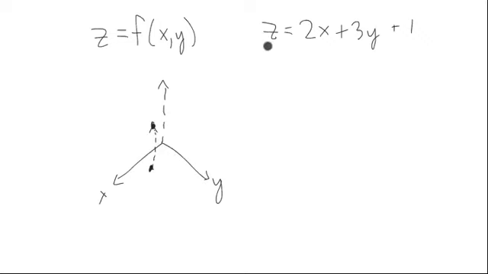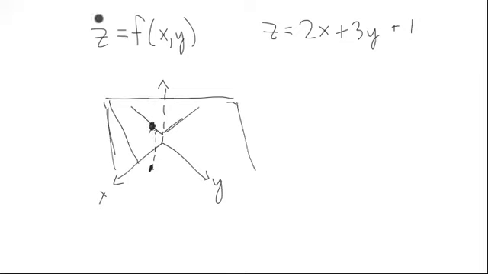In this particular case, if y were 0, right along here, then it's going to look like 2x plus 1, so it's going to be up there. And if x were 0, right here, it's going to look like 3y plus 1, so like this. So you're going to really get a plane that comes off like this, kind of coming toward us a little bit, and it would come up here. So we get a nice function with that as the output.